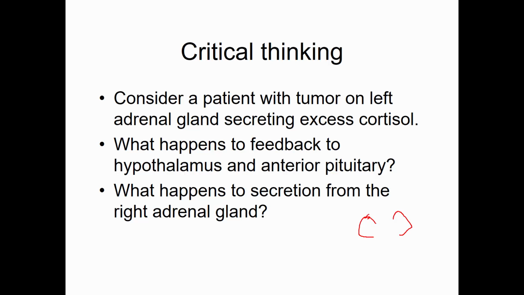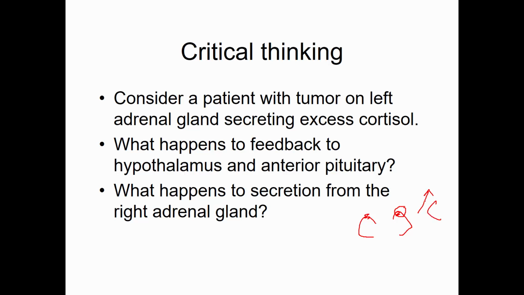So we have adrenal gland here, and we have adrenal gland here. And when we draw pictures, we think about it from the patient's point of view. So this patient has a tumor on their left adrenal gland that's producing lots of cortisol.